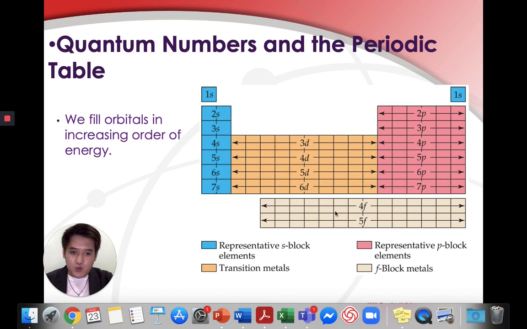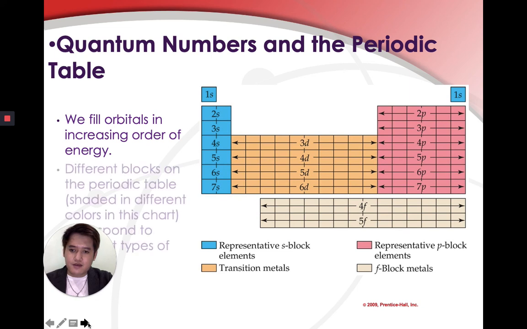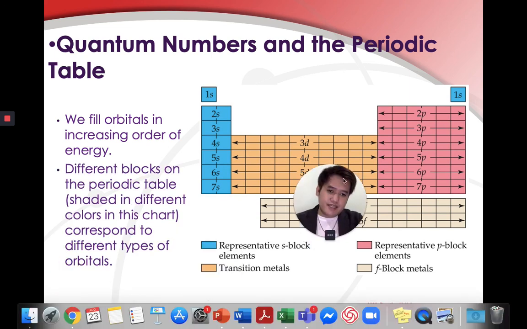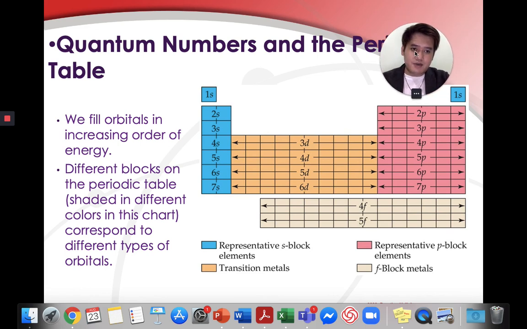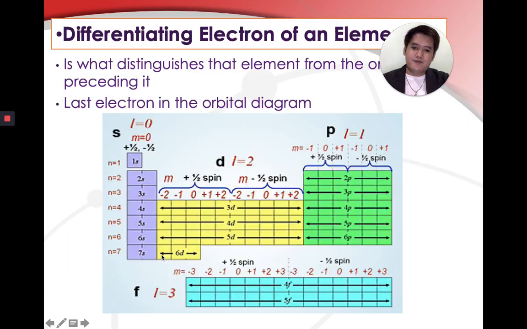And of course, you know what happens to F. Now, our next lesson is actually on the periodic table, and then we will delve into electron configuration. Different blocks on the periodic table, shaded in different colors, correspond to different types of orbitals. Okay, so that's it for now.